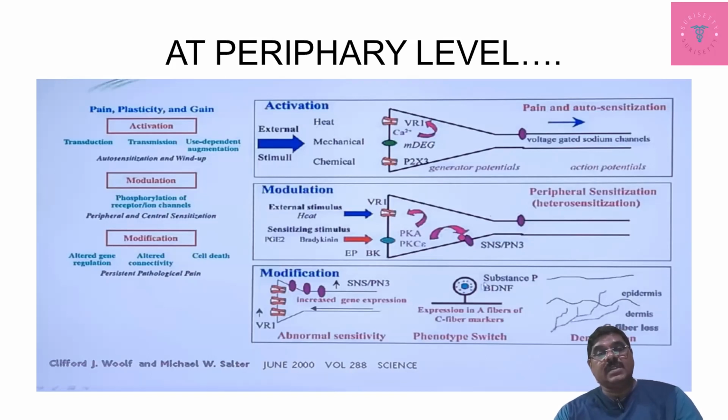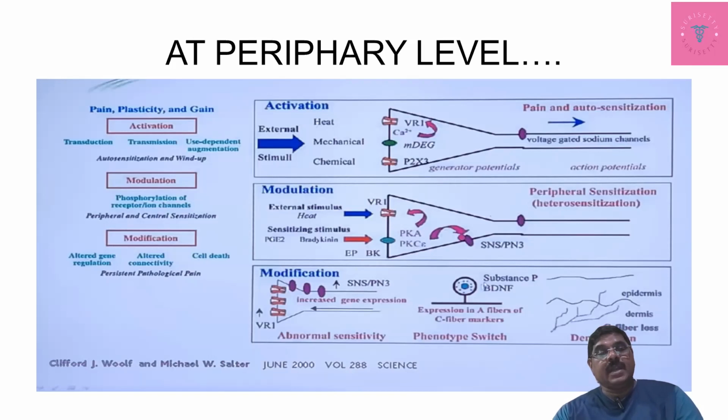Whenever the sodium channels are opened, a larger amount of sodium ions enter the peripheral postsynaptic area and alter the stimulus. More sodium channels mean more action potentials are generated, causing excitability.